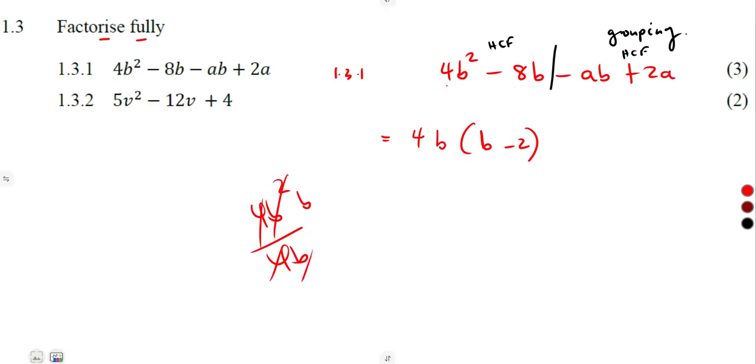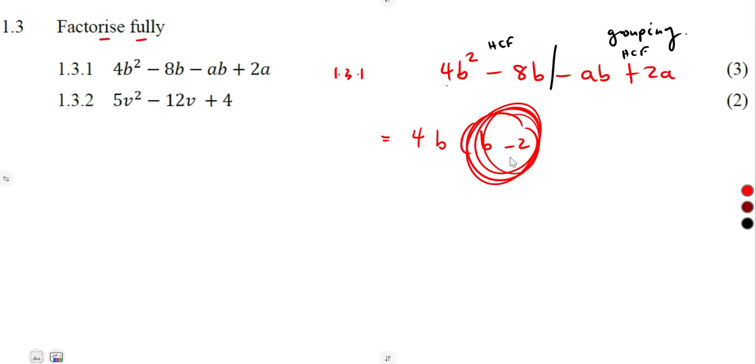All right, so what is important is that when you factor out for these last 2 terms, you must obtain the bracket same as this one. So you must be careful on the sign that you use on your highest common factor. It's very true that the highest common factor here is a, between these 2 terms.